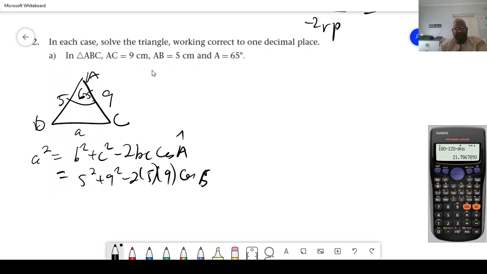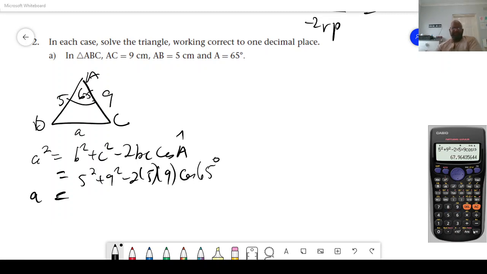Okay. So you can punch that into the calculator. It gives us 5 squared plus 9 squared minus 2 times 5 times 9 cos of 65 degrees.